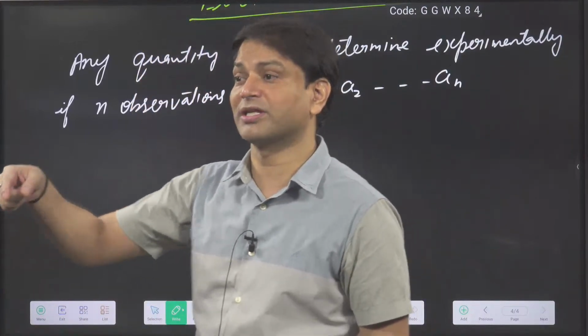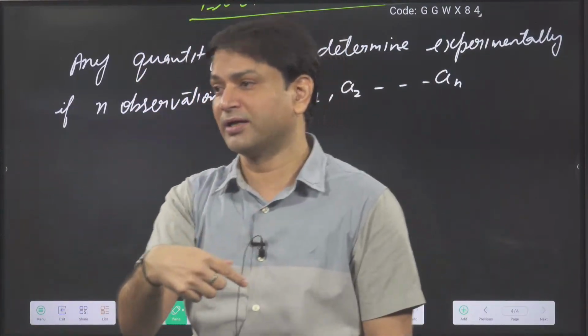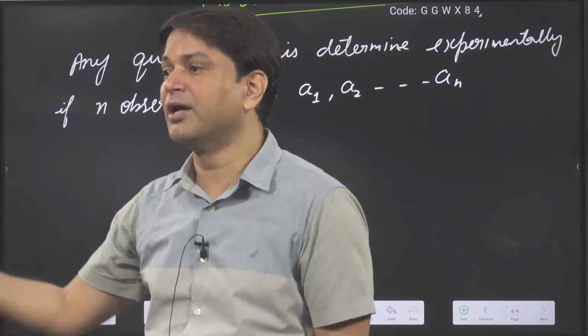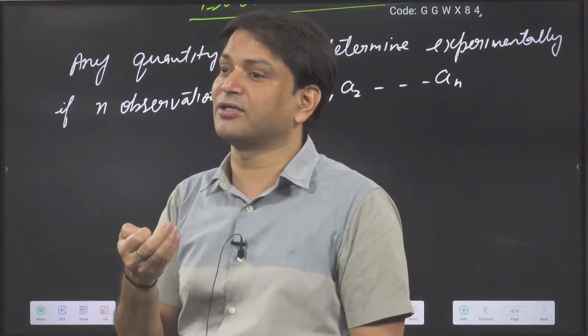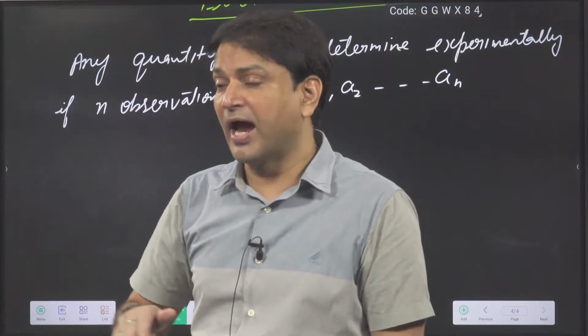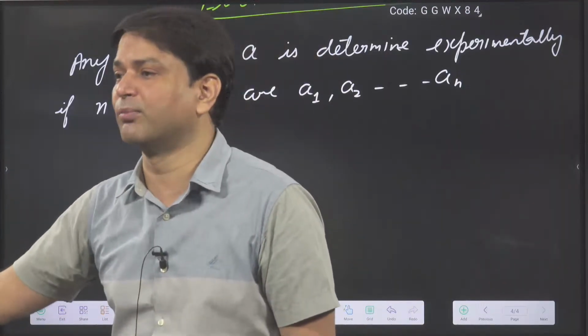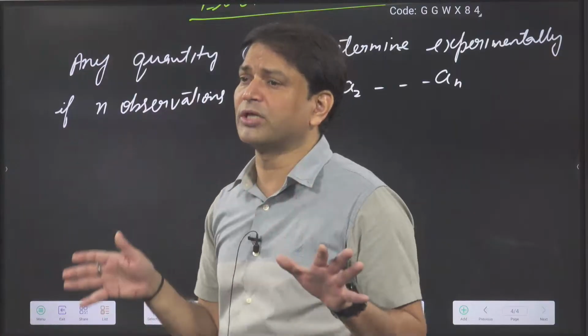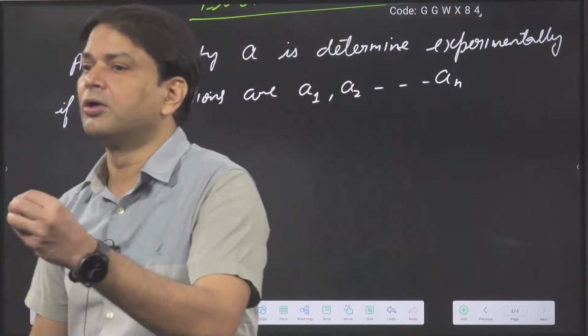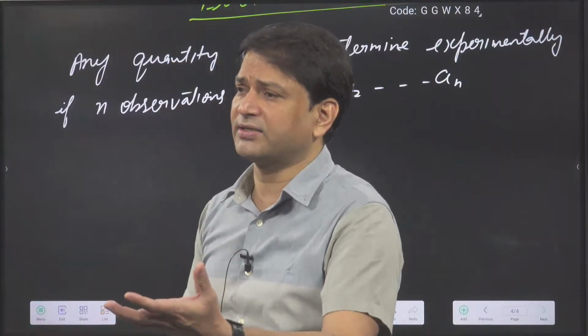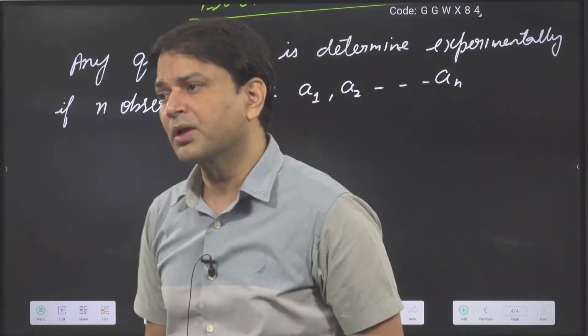You will stop after that, because last time you stopped early, so you will be more conscious this time, and you will stop after completing 20. So like the first observation you measured less, and in the second observation you measured more. In this way, when you do the experiment and take the average of all, you will be very close to the true value. That's why the mean value we can say is the best possible value of the quantity.